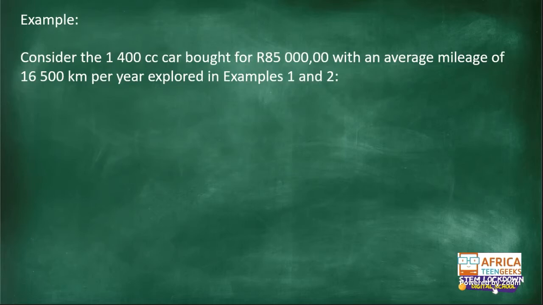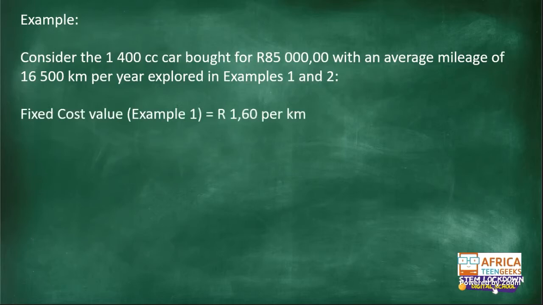So the same car which we spoke about now, where we have calculated the running cost per kilometer, that same car was bought for 85,000 rands. It had an average mileage of 16,500 kilometers per year, as it was explored in examples 1 and 2.